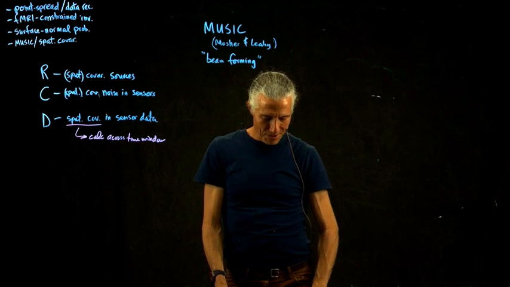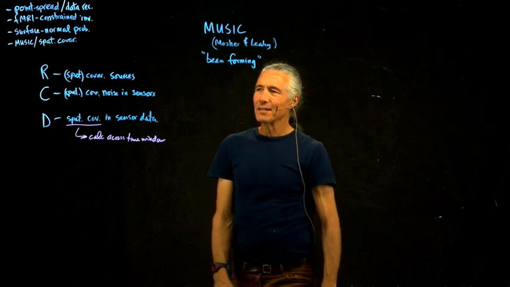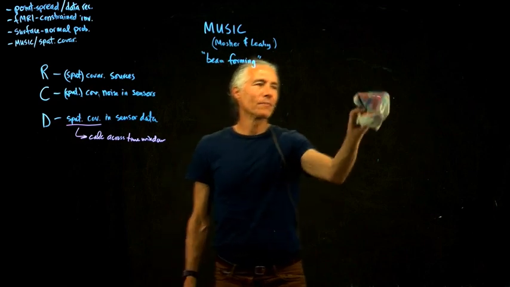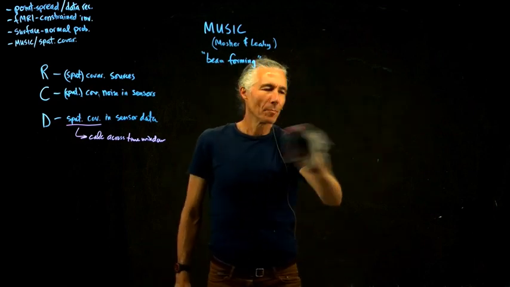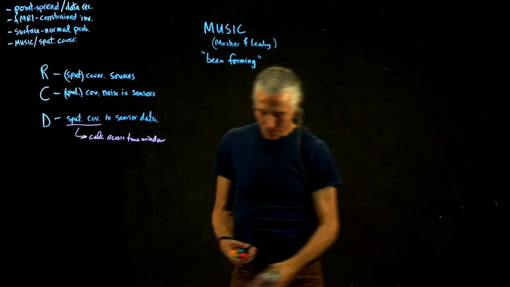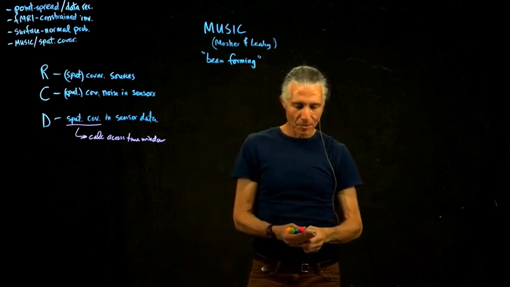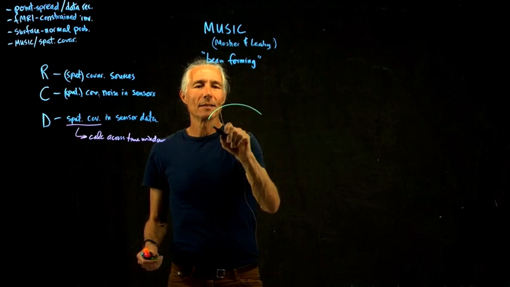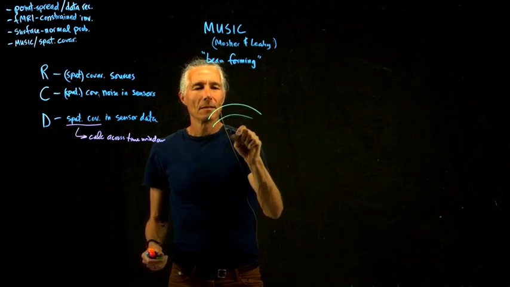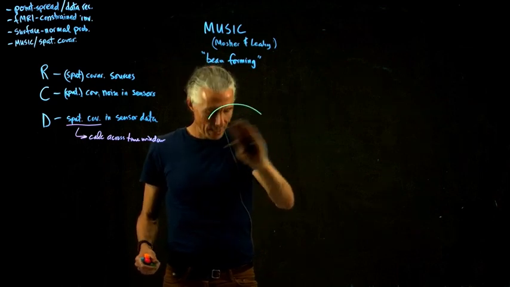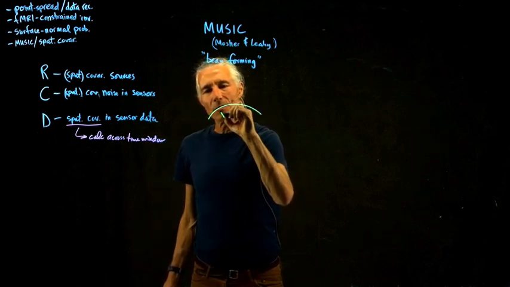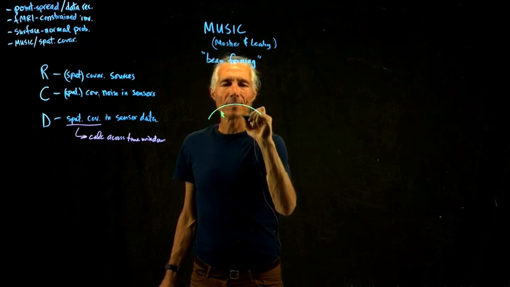Well, before we do the math, let's try to intuitively get a feel for how this could help. Say we have a situation like this, where we draw a simple head like that. Say we've got two sources that are on at the same time like this.